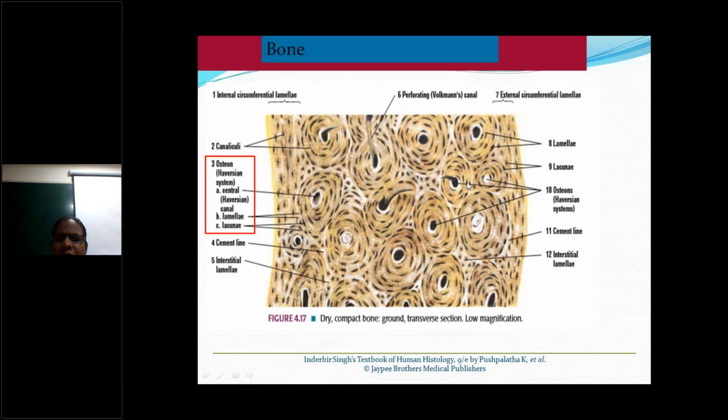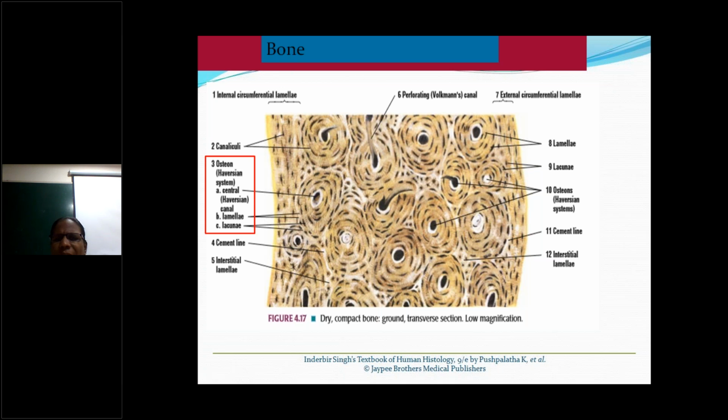Each circular shaped structure we call one osteon or one Haversian system. A number of circles are seen, and each circular shaped structure is an osteon or Haversian system present in the bone section.